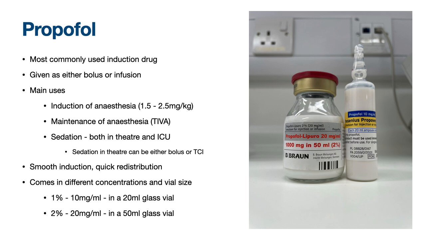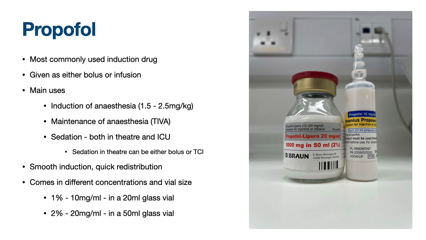When it's given as a bolus, which is the most common way that it will be given, you often see the vial on the right, so the 1% propofol is what we most normally use. The stated induction dose of propofol is between 1.5 and 2.5 milligrams per kilo.